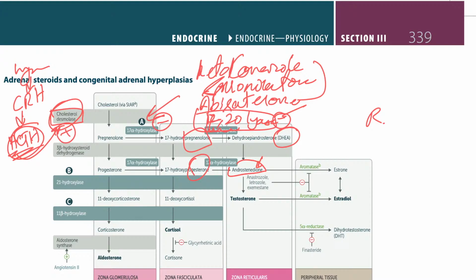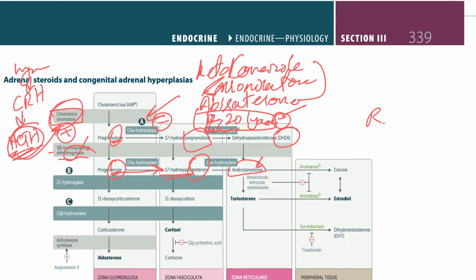Now, here we were at pregnenolone, which is going to convert into progesterone by an enzyme which you don't need to memorize, your 3-beta hydroxysteroid dehydrogenase. Just remember pregnenolone converts into progesterone, and you just need the names.